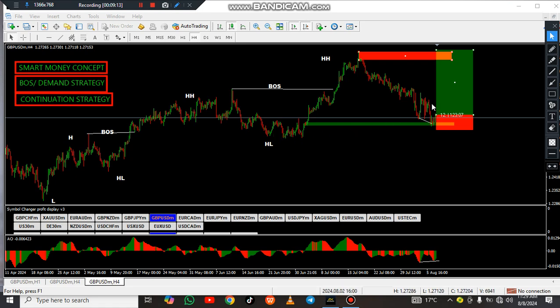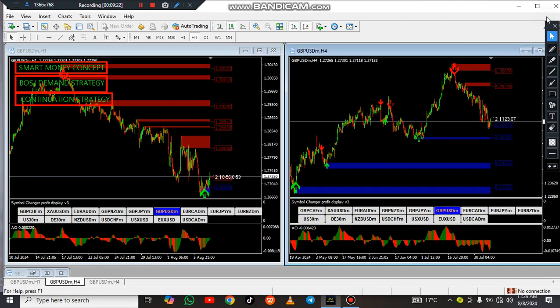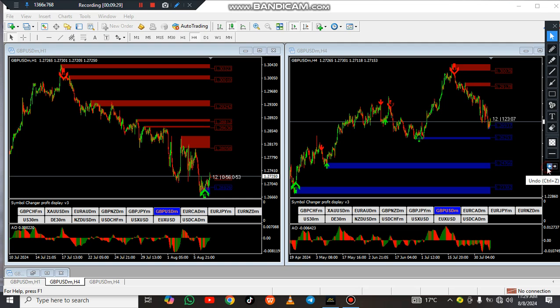And if you want to see the same setups with the system, the Fair Zone to Zone system, let us minimize here. This is the Fair Zone to Zone system. Can you see it?